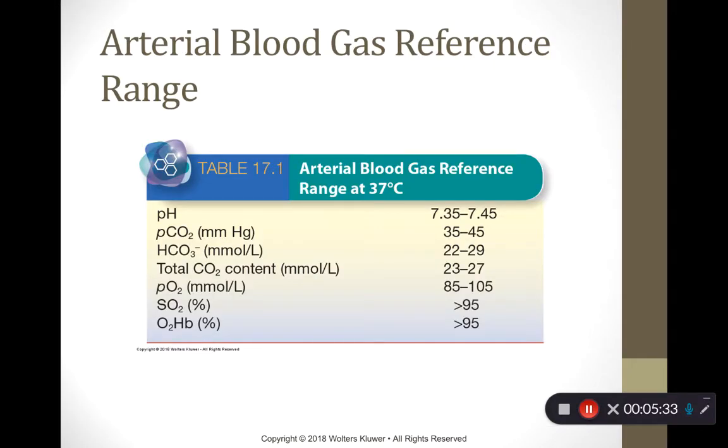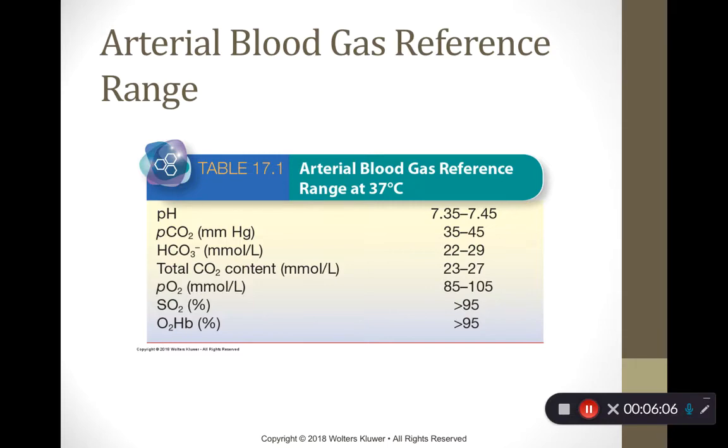These are reference ranges from your book. You have your normal ranges for everything that we measure in terms of blood gases. The pH reference range is 7.35 to 7.45. Partial CO2 is measured in millimeters of mercury, which is usually a unit that we use to define blood gases.